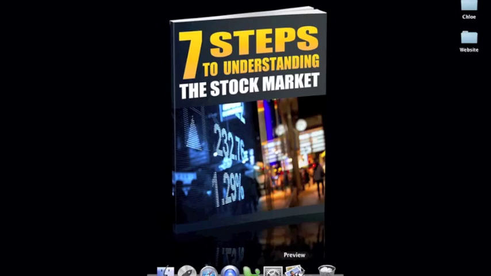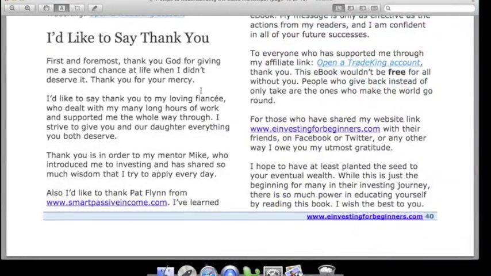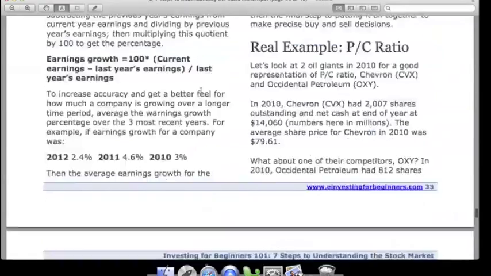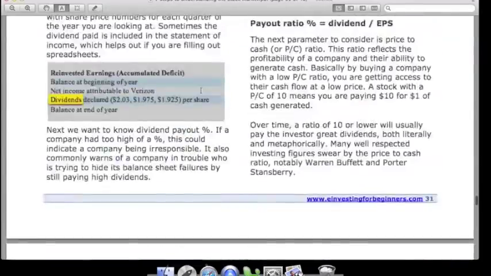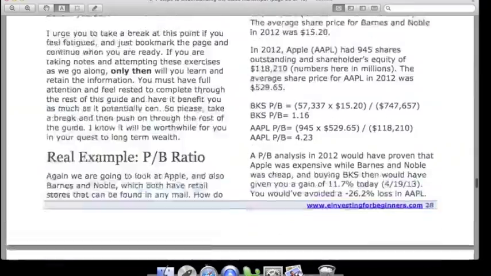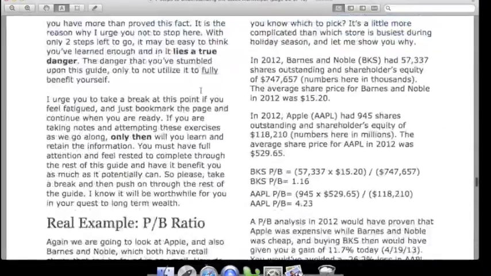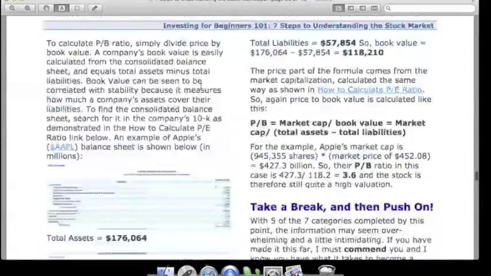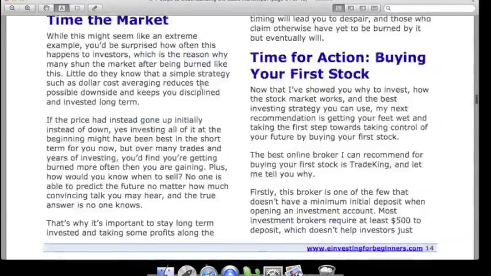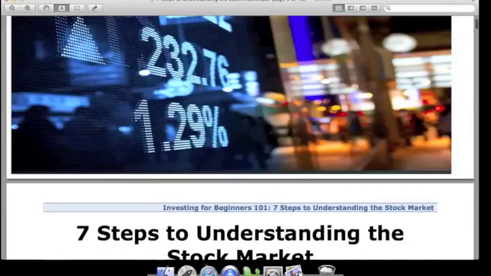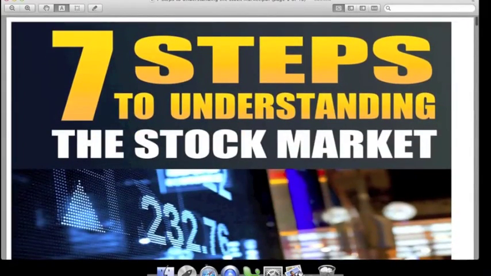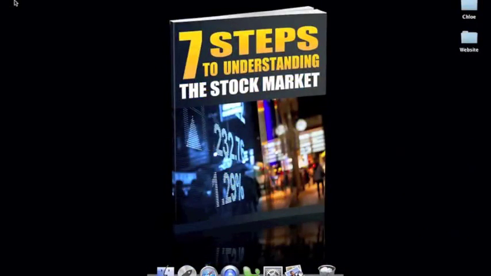Now, if you want one last example, I actually have a real life example in my book, which let me just scroll up to it here for a second. I have this example right here, page 28 of my book. I'm not going to show you because it's for my subscribers only. Again, it's free. But in that section, I show you an example between Apple and Barnes & Noble in 2012.